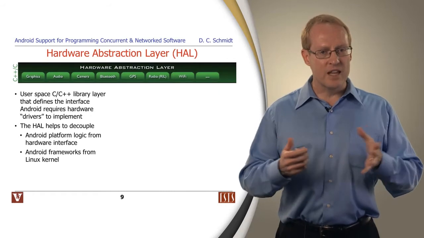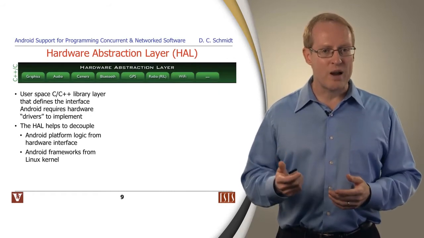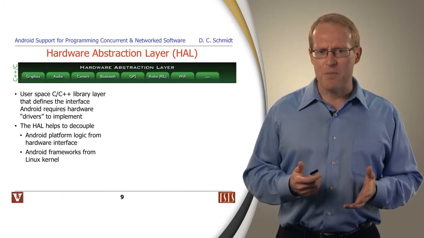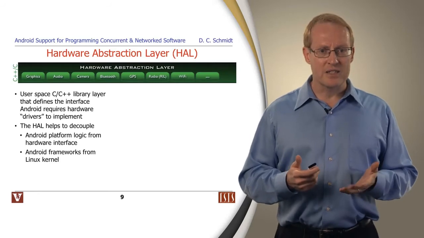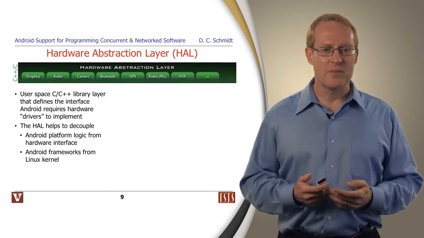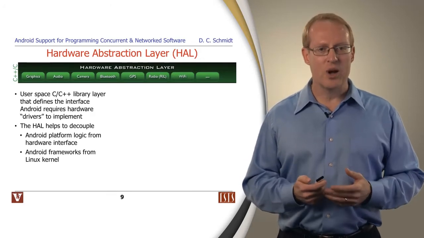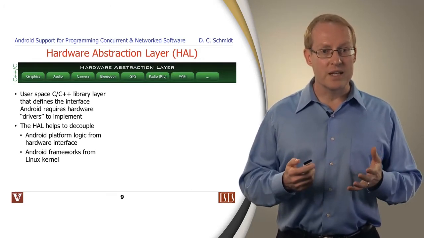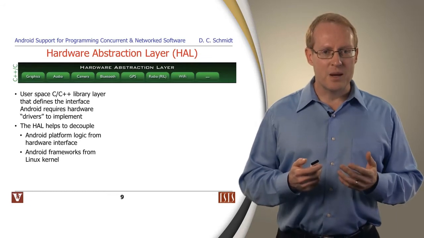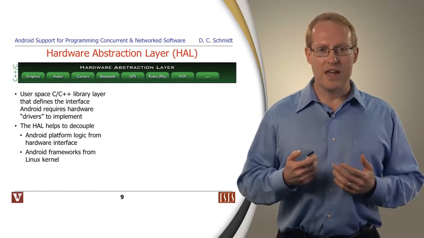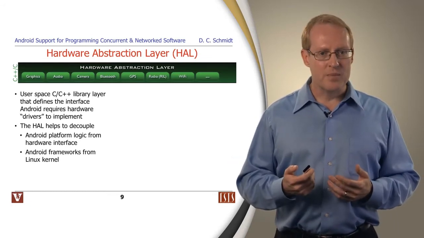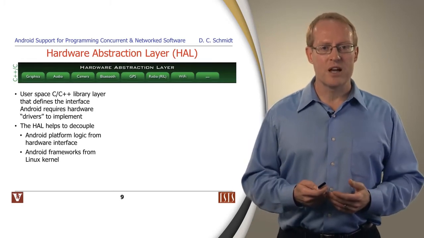On top of Linux is something called the hardware abstraction layer, which is kind of a funny name because an operating system like Linux itself is a hardware abstraction layer. So to some extent, the hardware abstraction layer in Android is a set of user-level C and C++ libraries that separate the upper layer parts of Android middleware and apps from the Linux kernel itself.